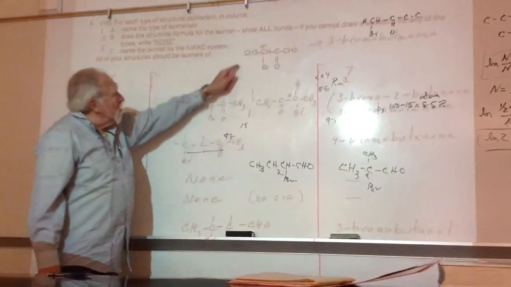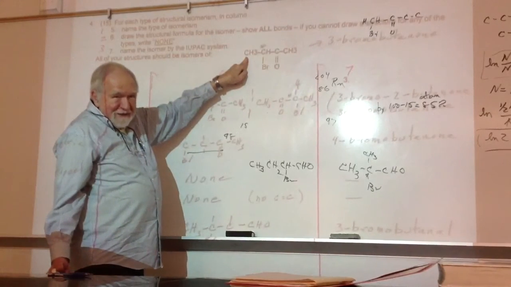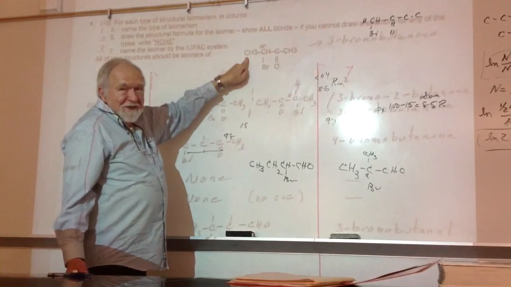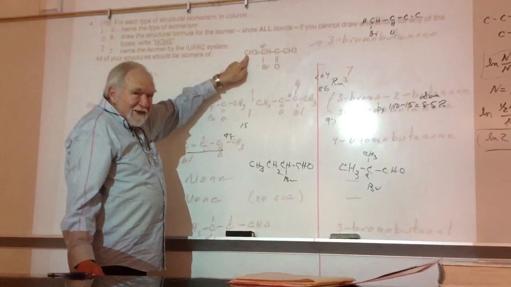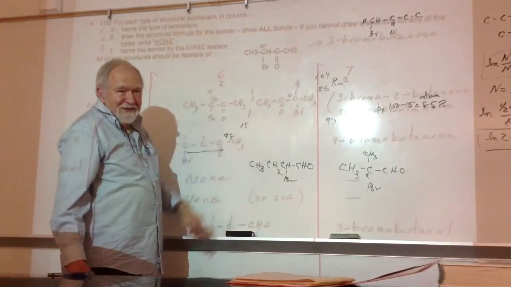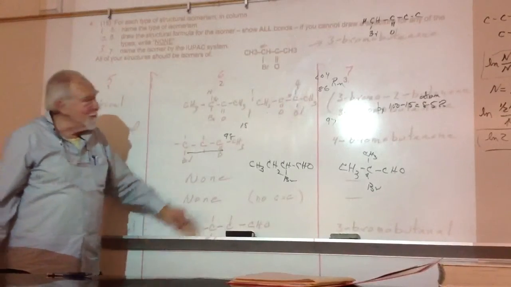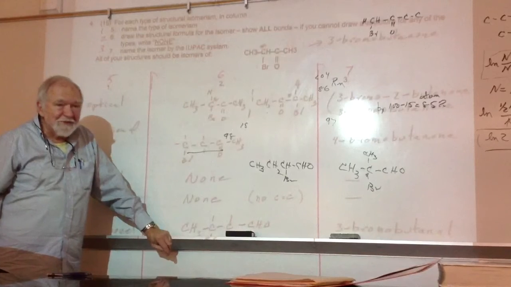Notice if I would have put the bromo out here instead of here, then you would have said for optical, none, because there was no optical isomer with the bromo out here, because it's not asymmetric anymore.